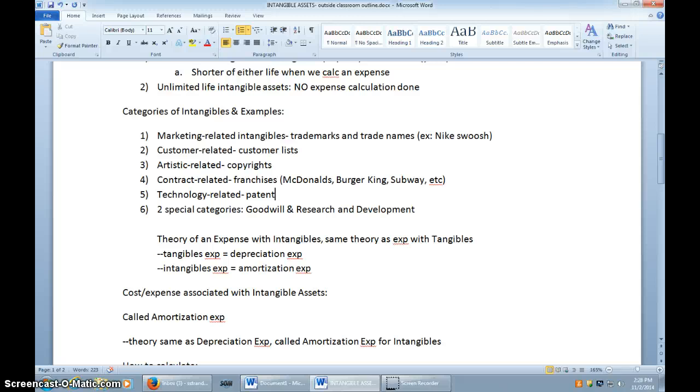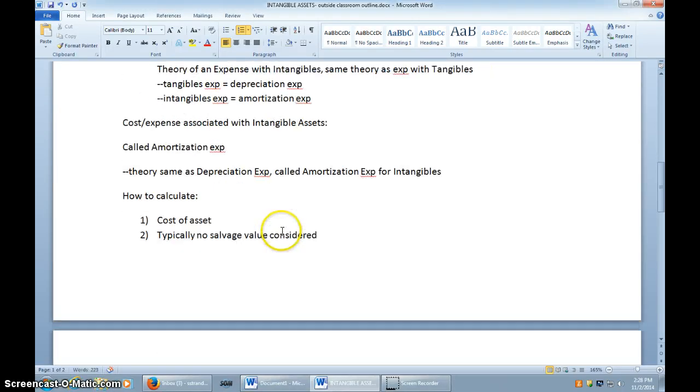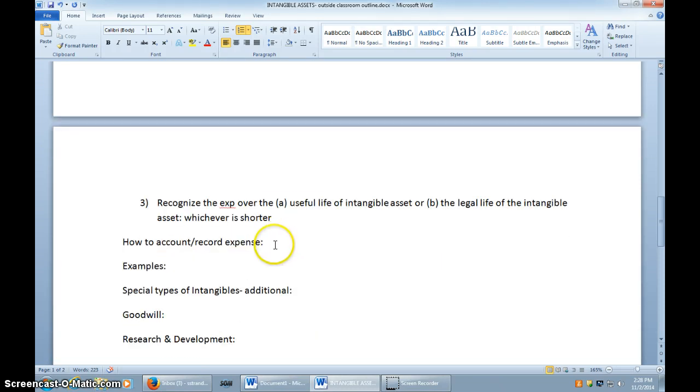Sometimes people who develop machinery and equipment have a certain patent on what they do, so you can't reproduce that without their permission, which you're not going to get. So anyway, those are some examples of those categories of intangible assets.